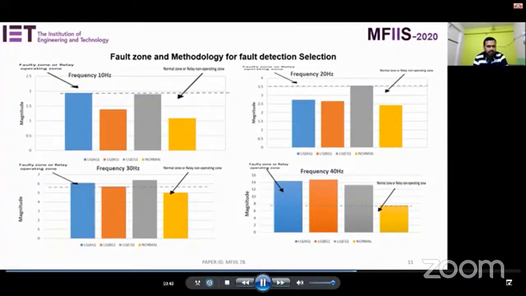Now this faulty zone as well as the normal zone has been shown by using the different natures under the different normal as well as fault conditions for every 10 Hz frequency interval.